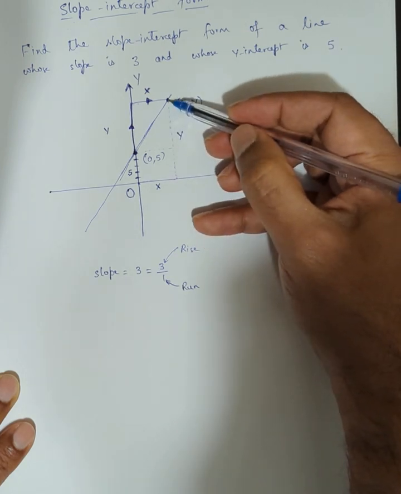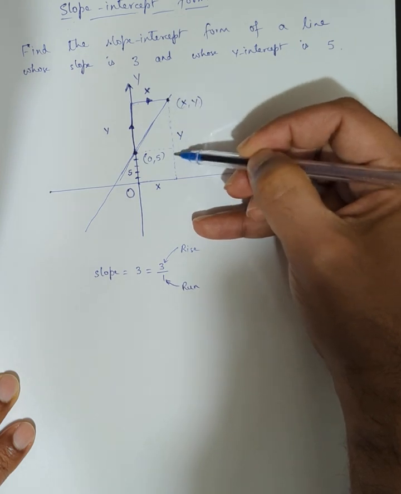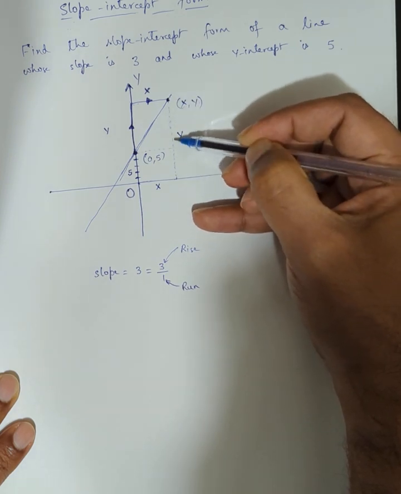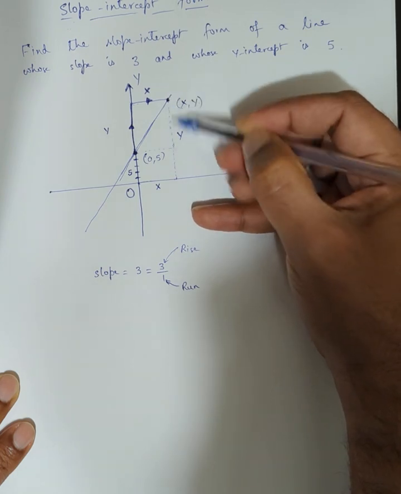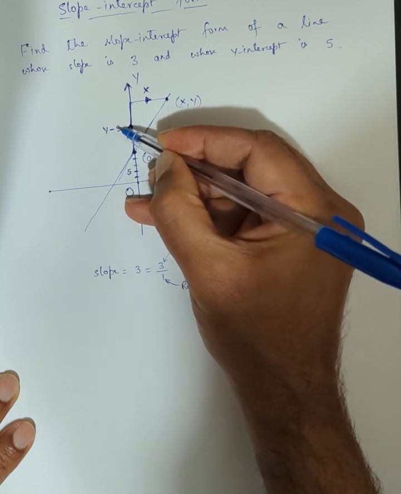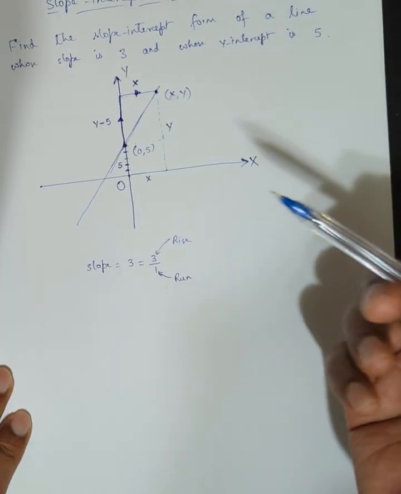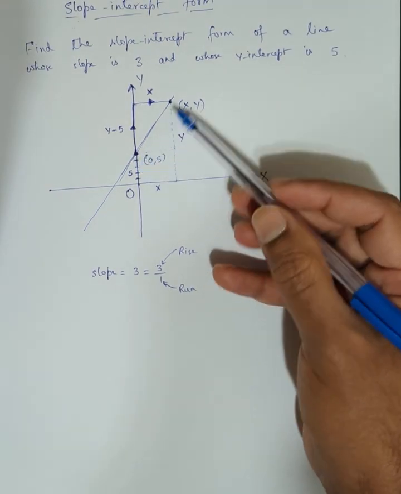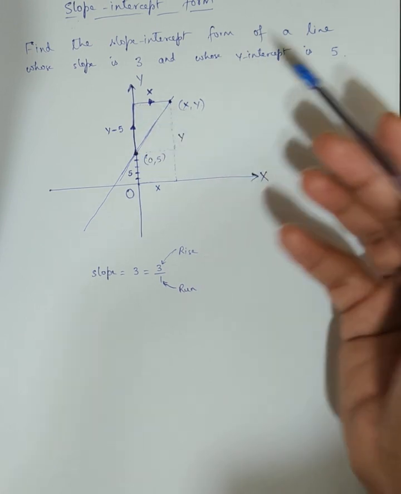I need from the total height of y, I need to subtract this if I want to know this distance. So this is y minus 5. So for this particular problem, if I'm going from 0, 5 to x, y, then the rise is y minus 5.